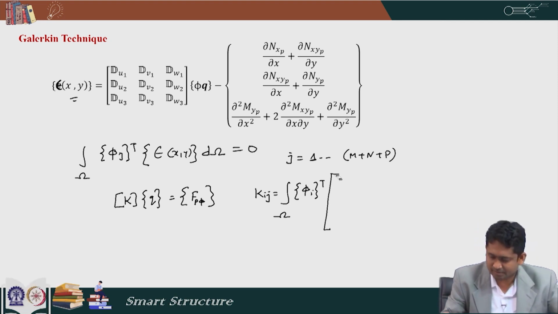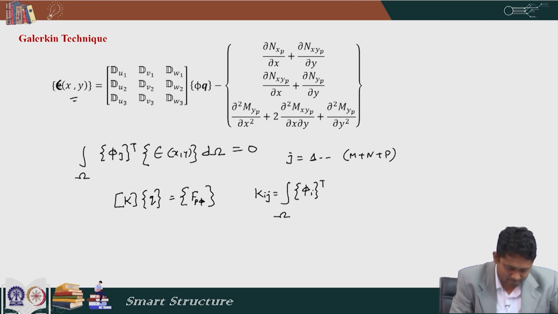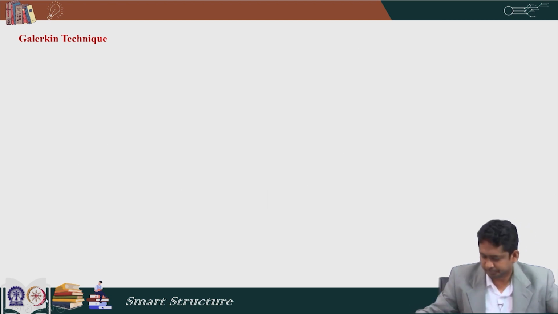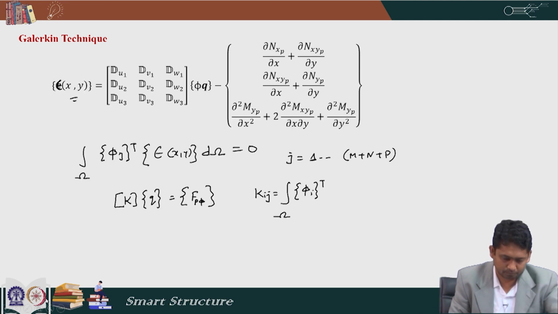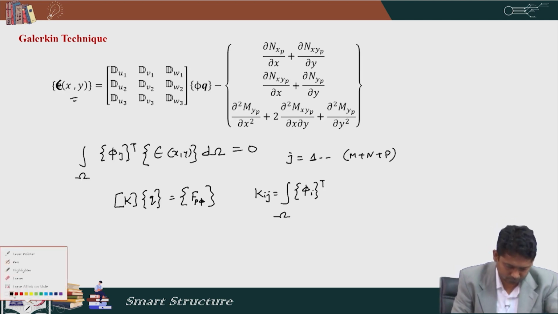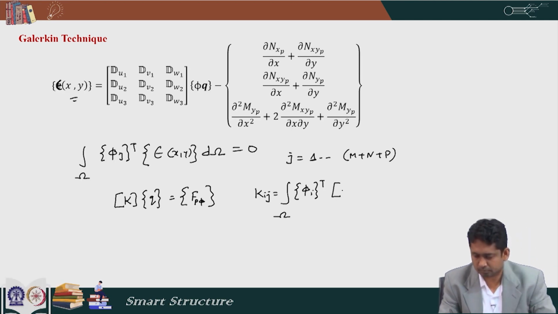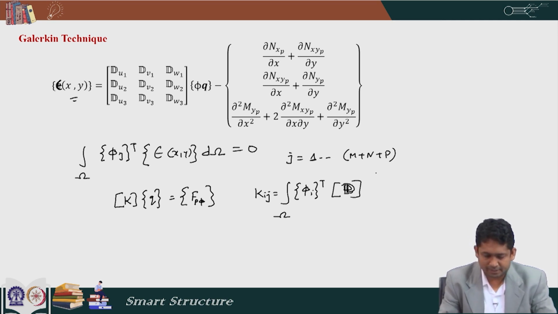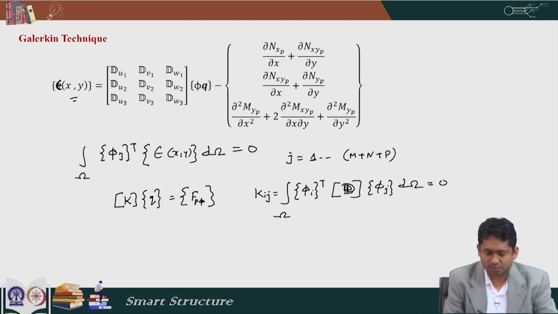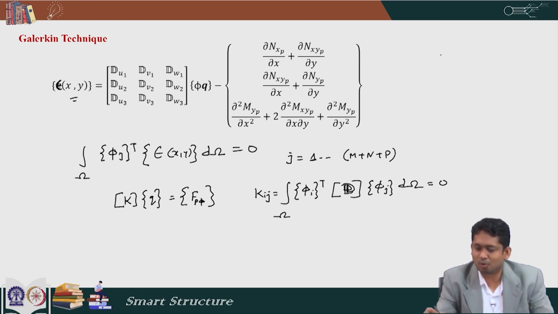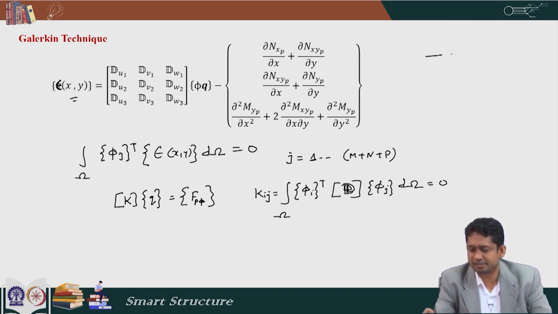So, let us use that instead of writing the whole matrix. And then this multiplied by the phi j vector and integrated over omega. So, omega means the domain of the entire surface.